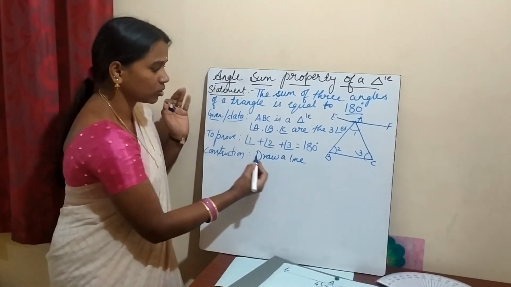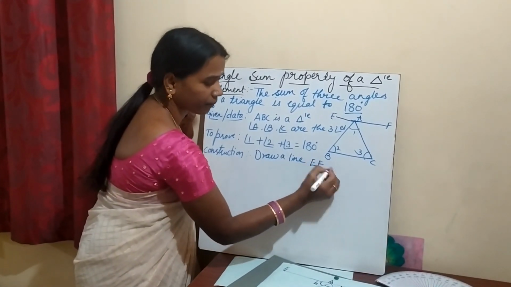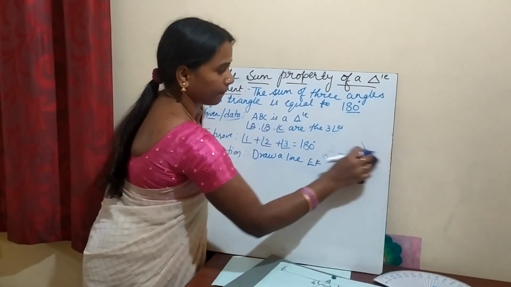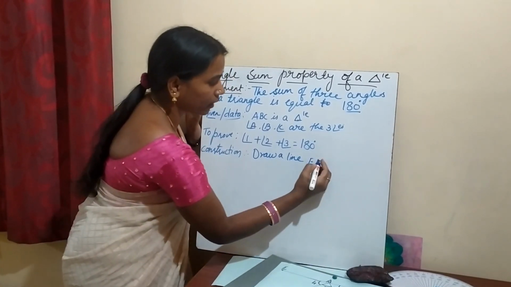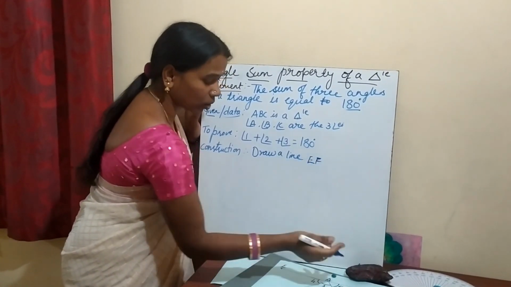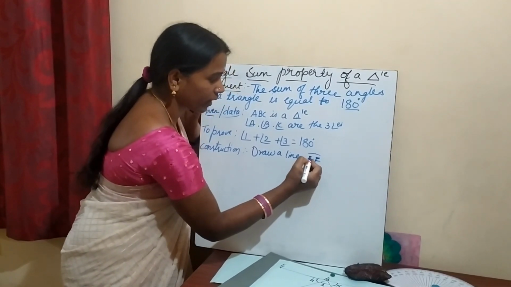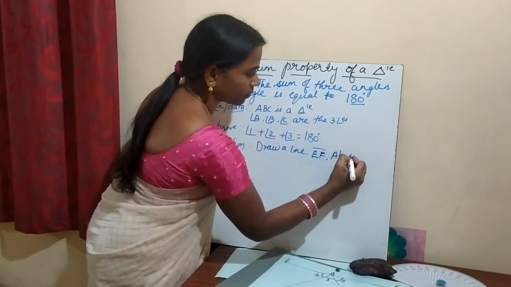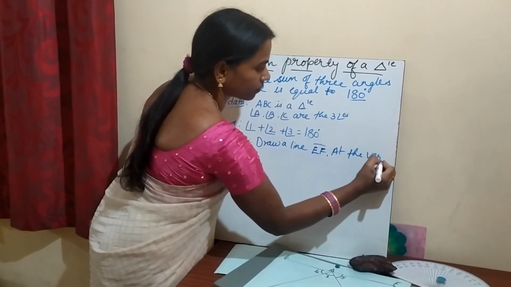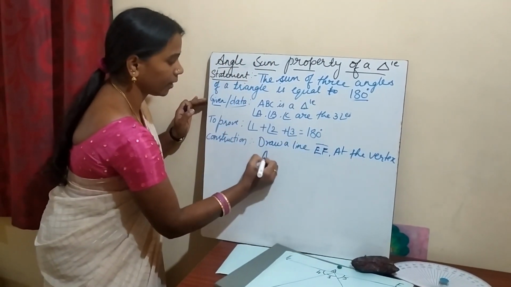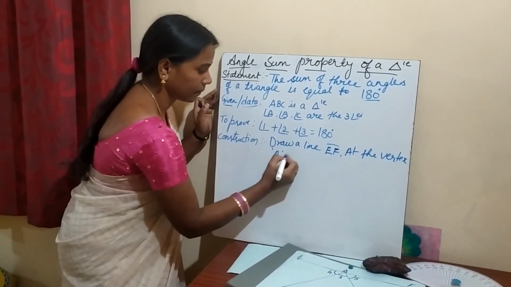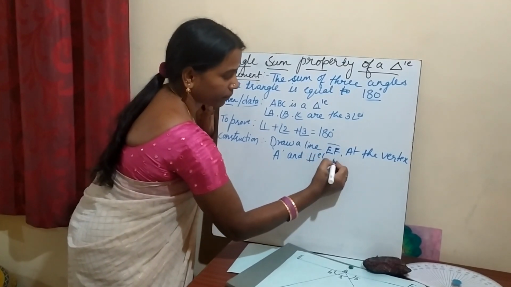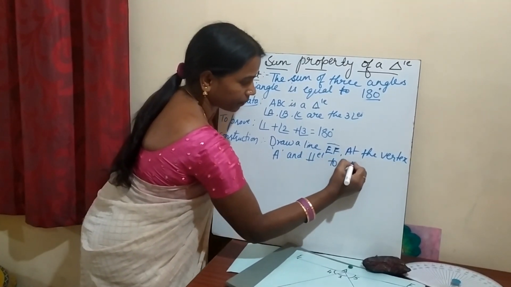So draw a line EF. It can also be called a line segment. Draw a line segment EF at the vertex A and parallel to BC.